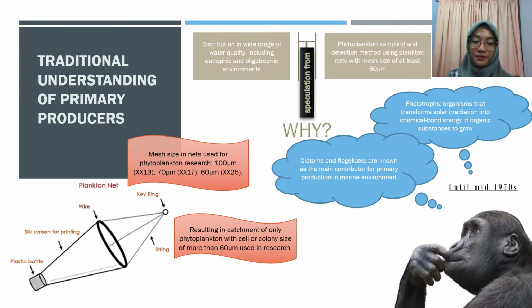So back before, the mesh size in nets used for phytoplankton research range from 100 micrometer, 70 micrometer, and 60 micrometer. The usage of at least 60 micrometer mesh size in nets for phytoplankton research resulted in catchment of only phytoplankton with cell or colony cell of more than 60 micrometer used in research.